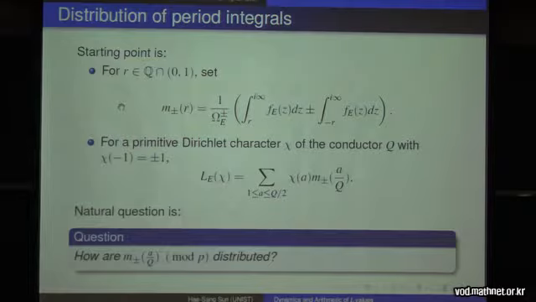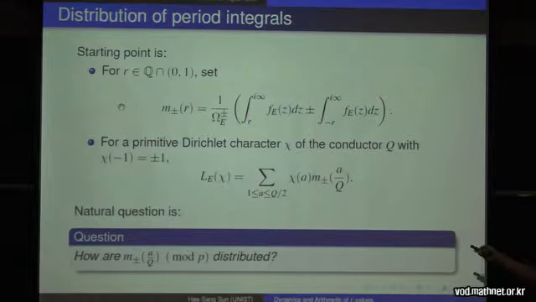The starting point to study such a question is this kind of expression. Let us set m plus minus r as 1 over omega, the period I mentioned before, times an integration out to infinity. Here, the integration is along the geodesic from r to i infinity. If I write the integration from a to b, then this is a contour integration along this geodesic.